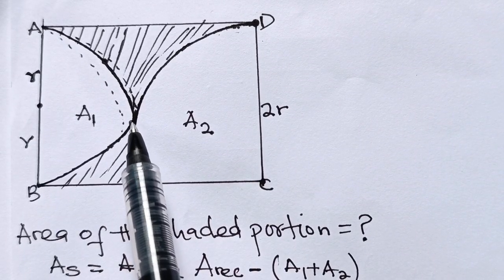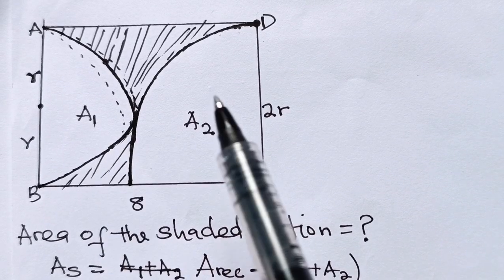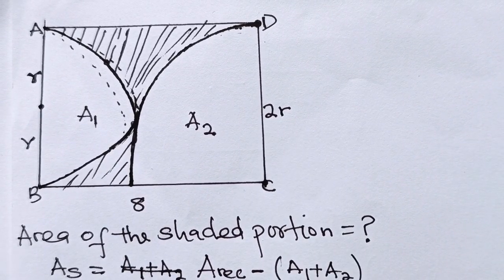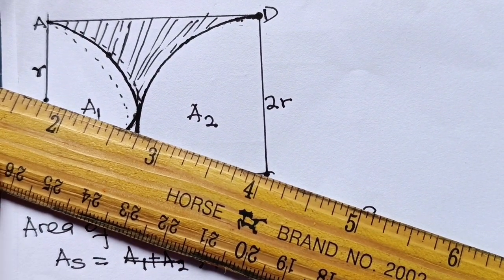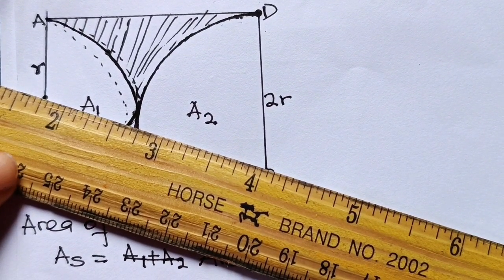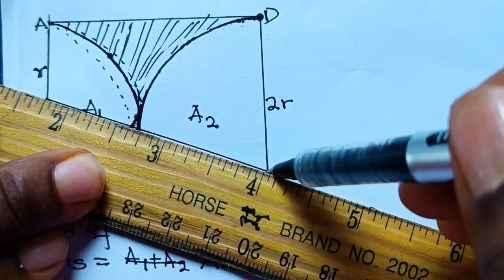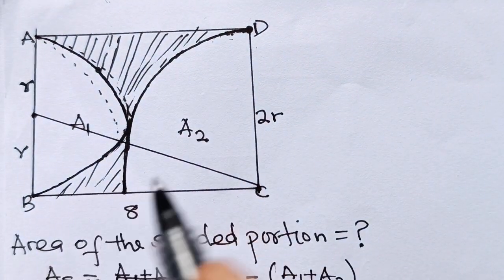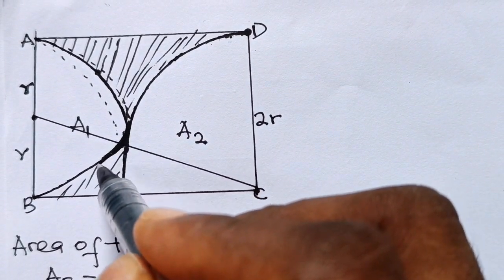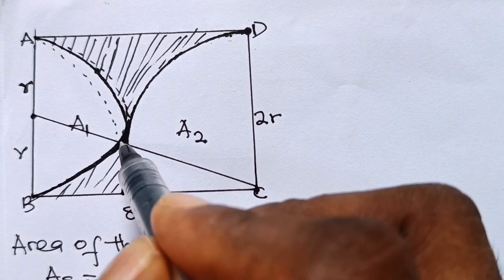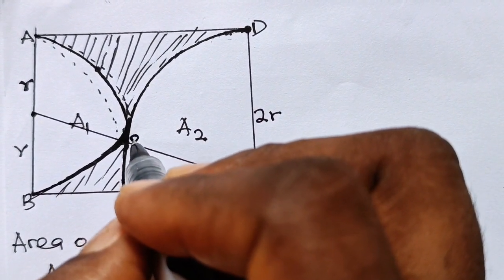Wherever I pick, this becomes our meeting point, because this is not drawn to scale. So let's join the two centers together. If we do that, you can see that we are not getting the center, because this is not drawn to scale. So it means that this is the meeting point of our circle. Let's call the meeting point O.